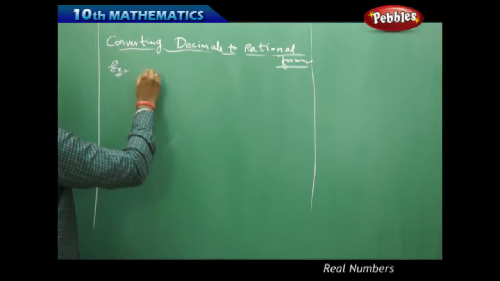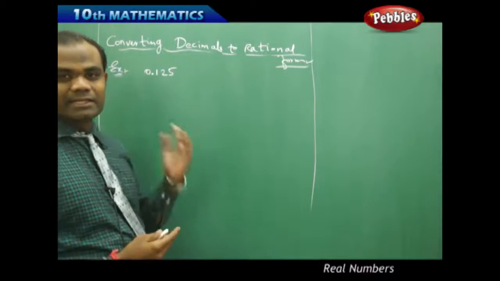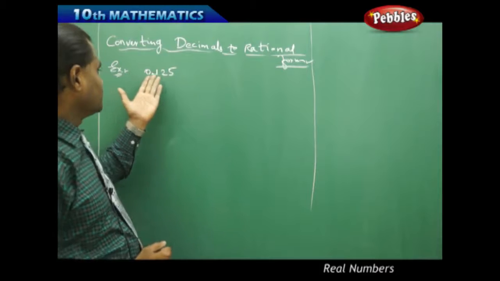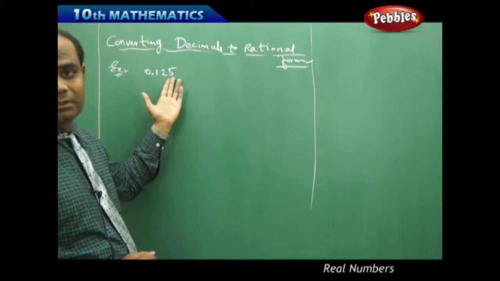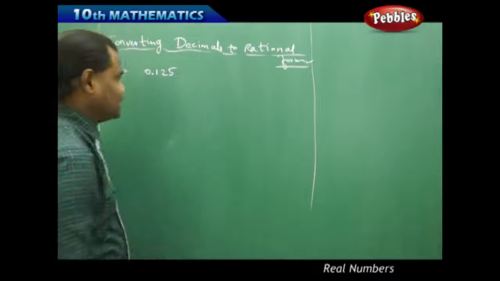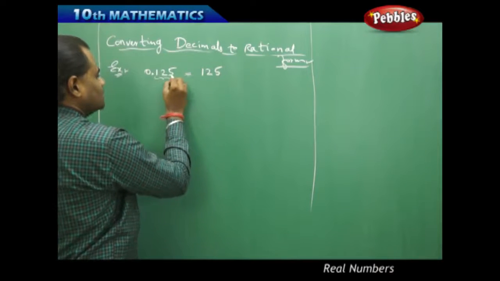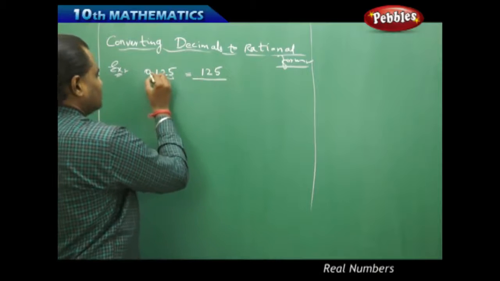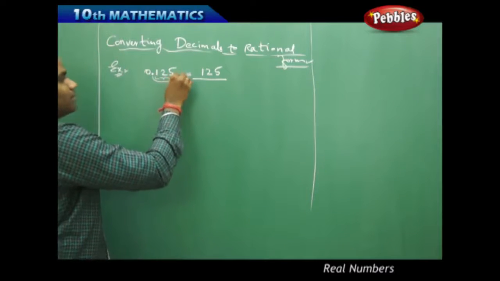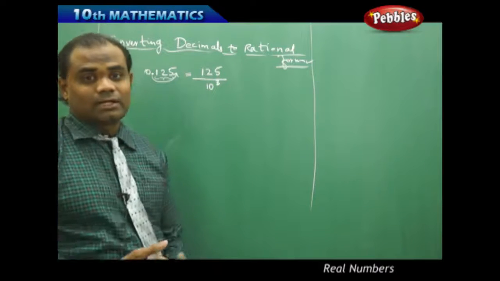For example, if I have 0.125 as the number, then this is clearly a decimal number with 3 values after the decimal. So 0.125 can be expressed in rational form by simply taking 125, whatever is there after the decimal, and then because I have the decimal here, when I want to move the decimal 3 units to the right, I divide by 1000, as we already discussed in the lower classes.